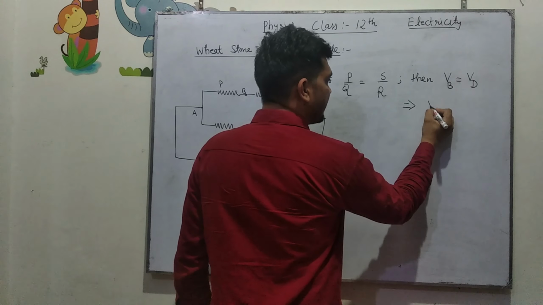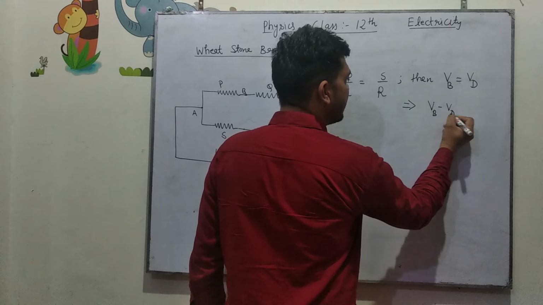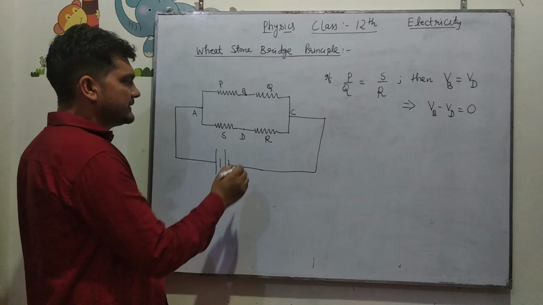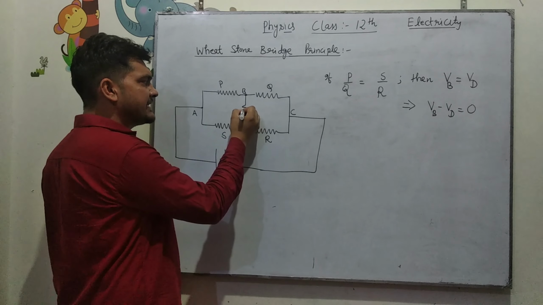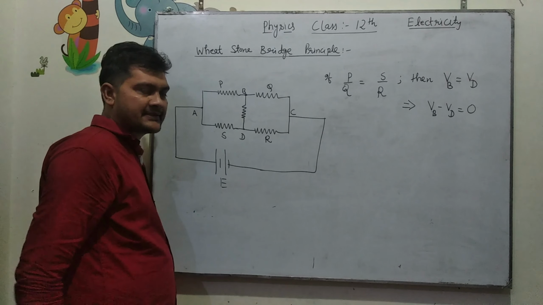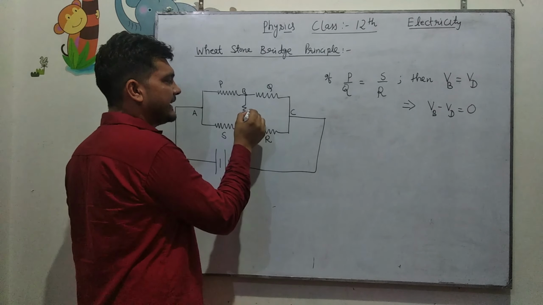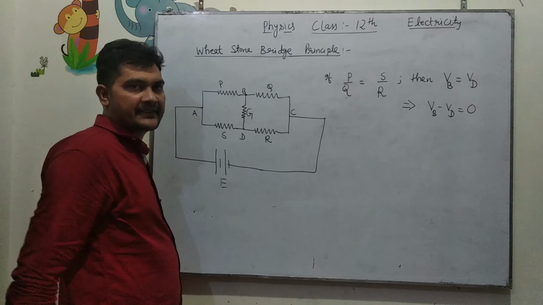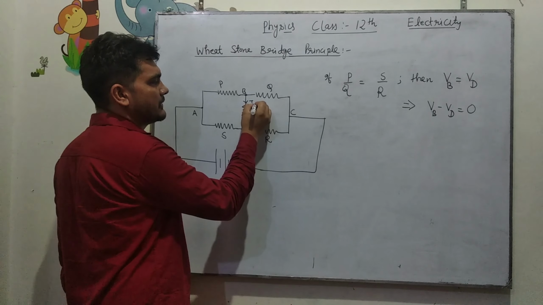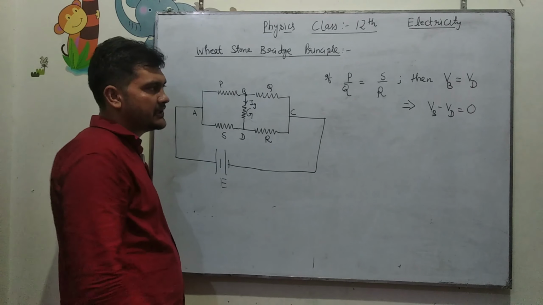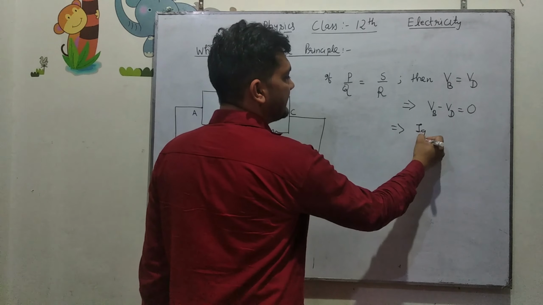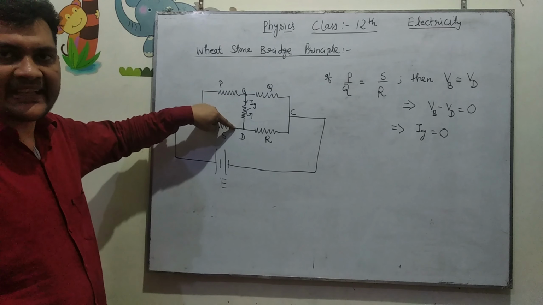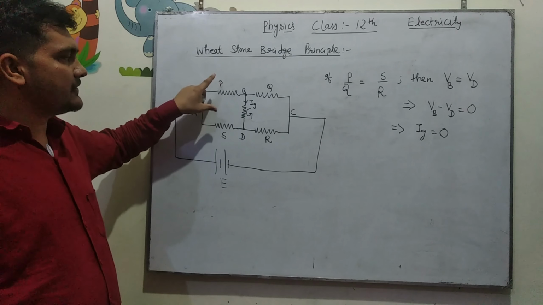This implies that the potential difference between B and D points is 0. And if the potential difference is 0, then if there is any resistance connected between these 2 points, suppose we have one more resistance connected and say it is Z, then no current will flow in this circuit. Then current through this branch will be 0. This implies that IZ will be 0, because there is no potential difference across these 2 points B and D. No potential difference means current will not flow.